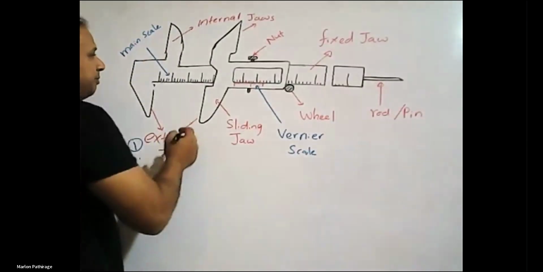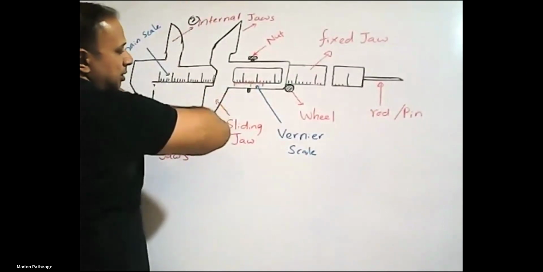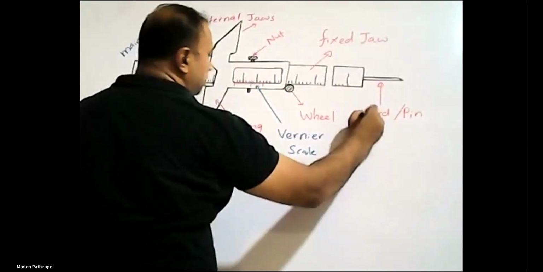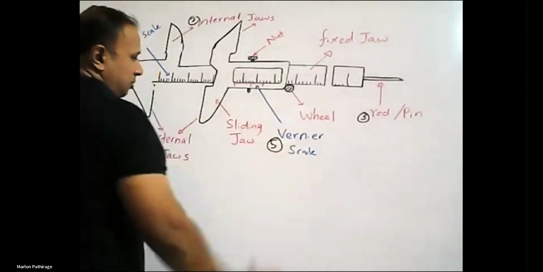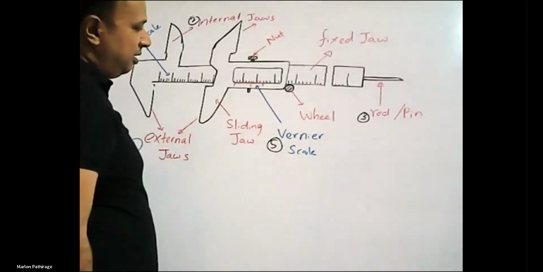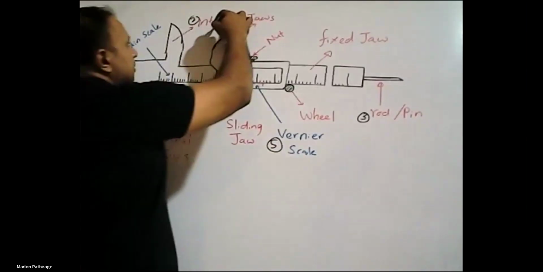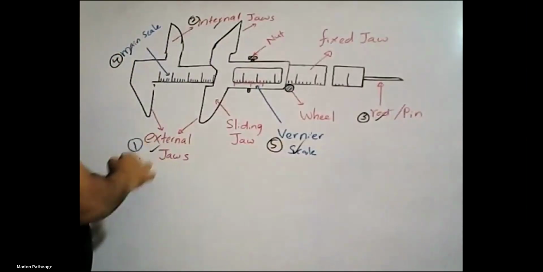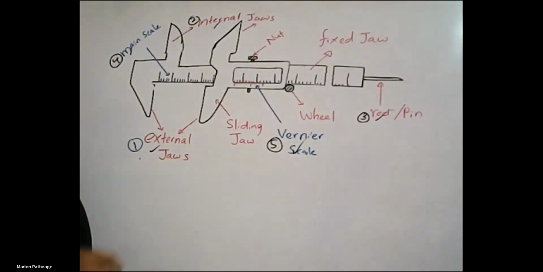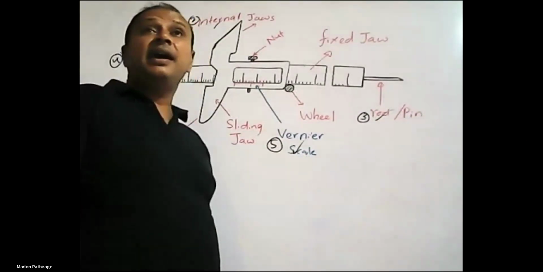The fifth part is vernier scale. Vernier scale is marked on the sliding jaw.